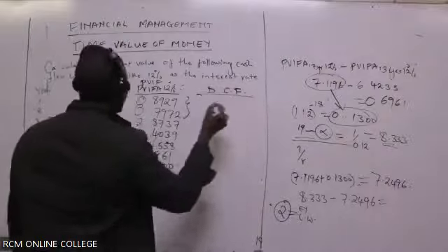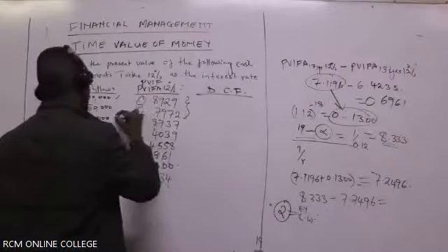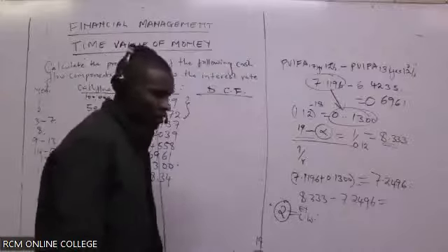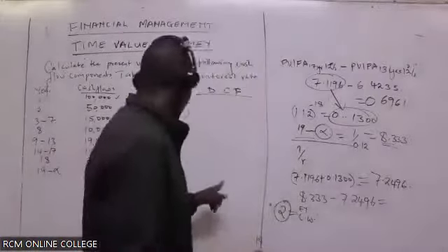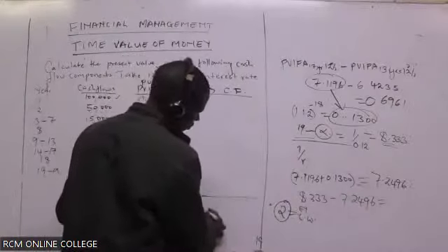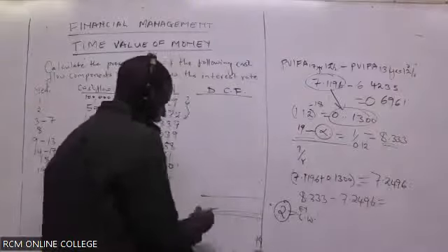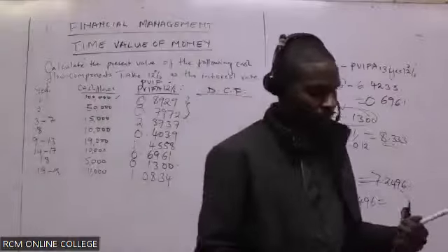Now for this one, I'm testing and looking at who will be the first one to give us the total present value here. Now you know how to do this. Go ahead and compute that.